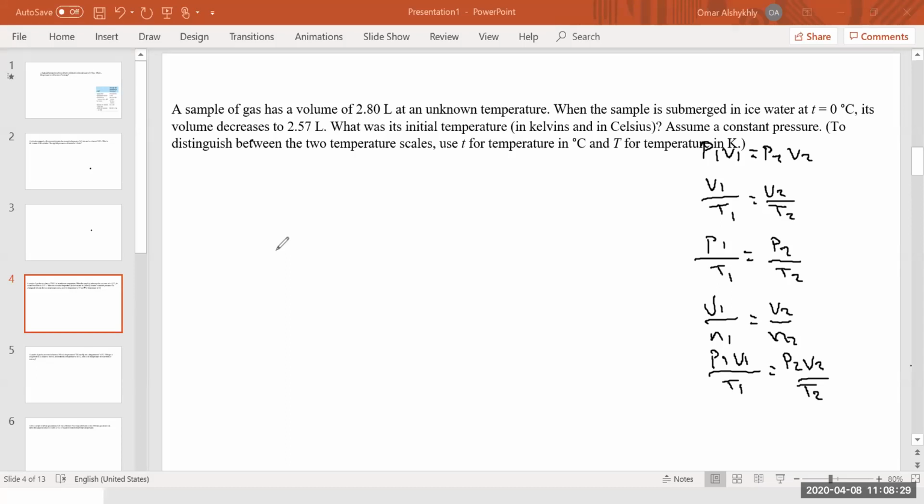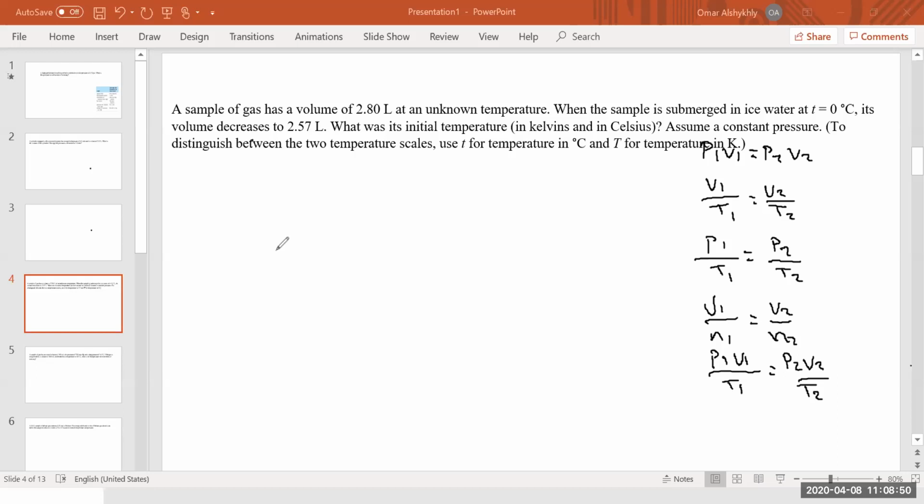When the sample is submerged in water at a temperature equal to 0 Celsius degree, the volume decreased to 2.57 liter. What is the initial temperature in Kelvin and Celsius degree? Assume a constant pressure.